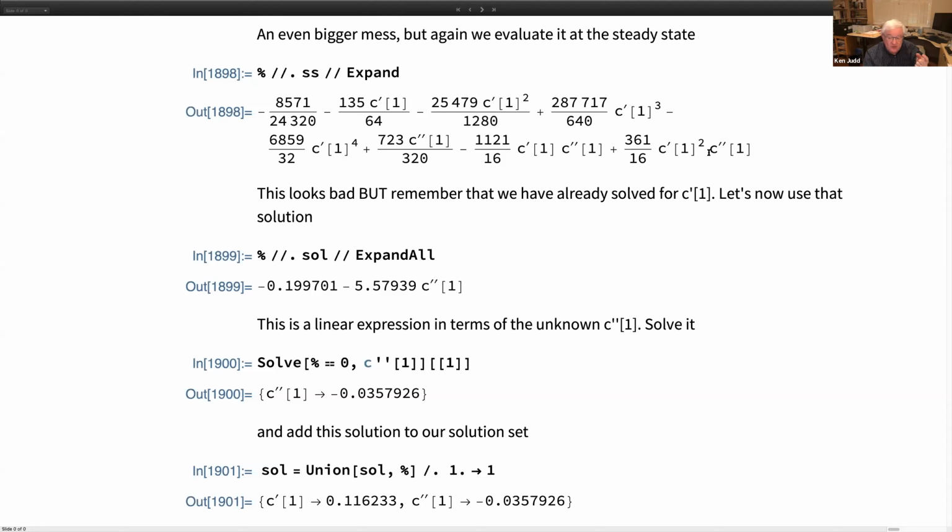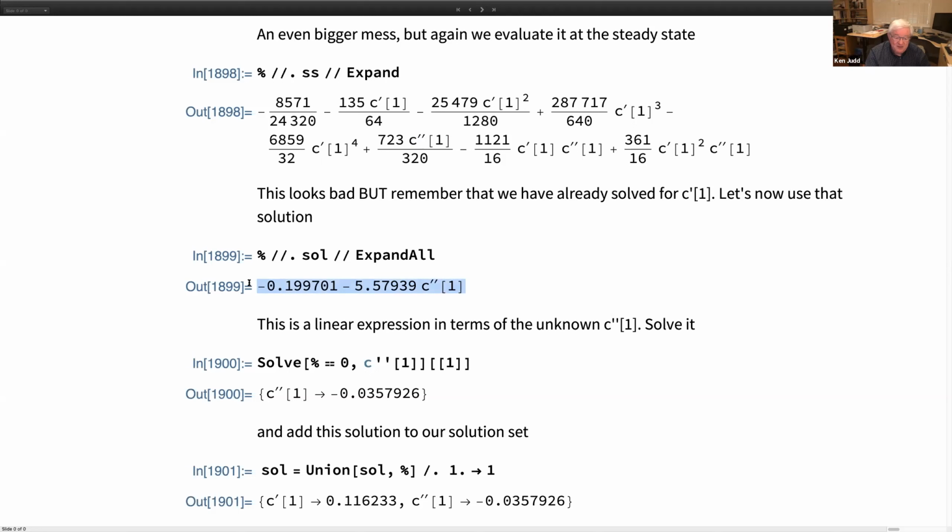Now, we're trying to solve for C double prime at 1. So C double prime at 1 is here, here, and here. Now, what about the C prime at 1? Well, we know what C prime at 1 is because that's what we solved in the first step. So we plug in that solution, and then we get an equation that just involves C double prime.